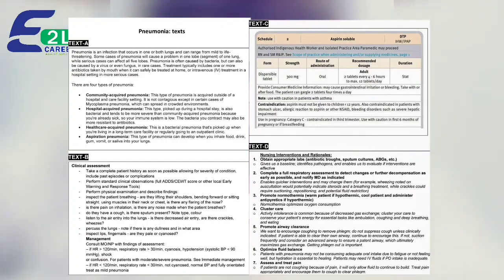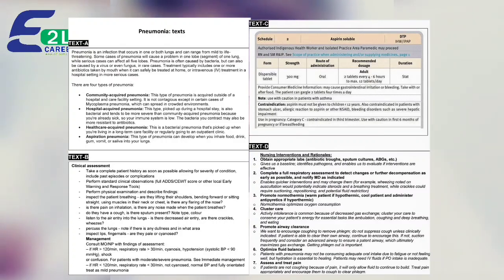Then they say what side effects may be caused: gastrointestinal irritation or bleeding. Take with food. And there is something written in the note: use with caution in patients with asthma.